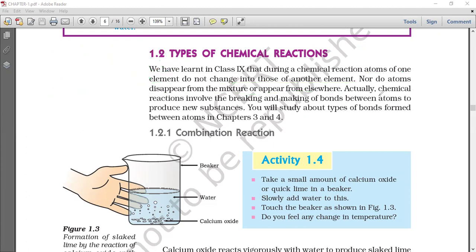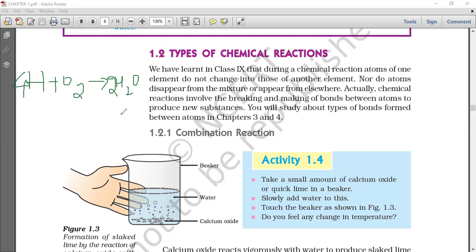Now, chemical reactions involve the breaking and making of bonds. In this example, hydrogen plus oxygen gives rise to water, H2O. Oxygen 2, hydrogen 2, then here you keep 4.